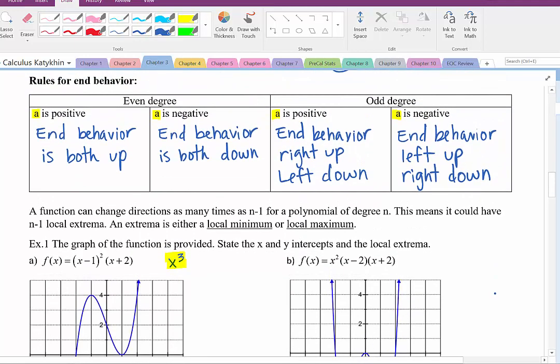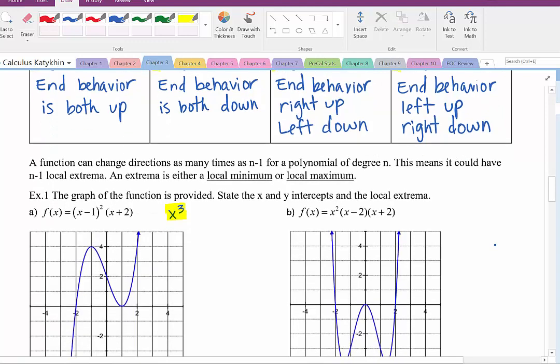If it's odd degree and positive, my right side is going to be going up, which it is, and my left side is going to be going down. But more importantly, notice that I have n minus 1 local extremas. My n is my degree, which is 3, minus 1 gives me 2. So we have 1 maximum and 1 minimum. That's what this is telling you basically.